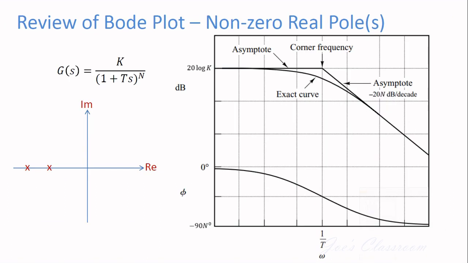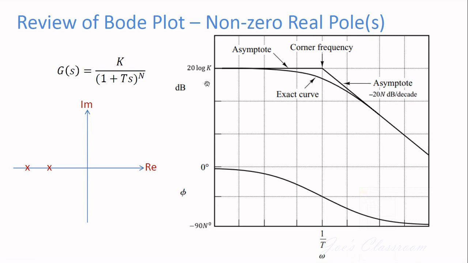And if you take the systems with non-zero real poles, that is the poles or zeros lying on the real axis, if we take only the poles, then the transfer function is going to be like this, and it is going to have the first order terms. And these first order terms will be appearing at the denominator.